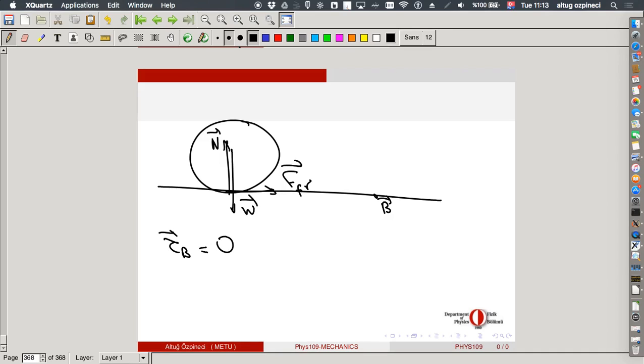Now, the torque created by the normal force and the weight always cancel each other, because they are passing through the same point. They are along the same line. But if we choose the point B to be on the ground, torque relative to the point B is only due to the friction force, if any, but the torque due to the friction force is always zero.